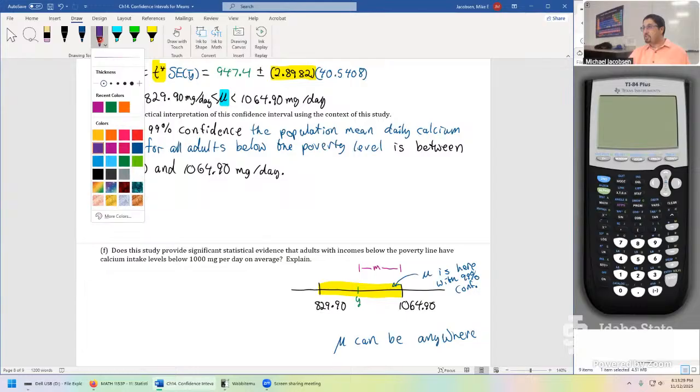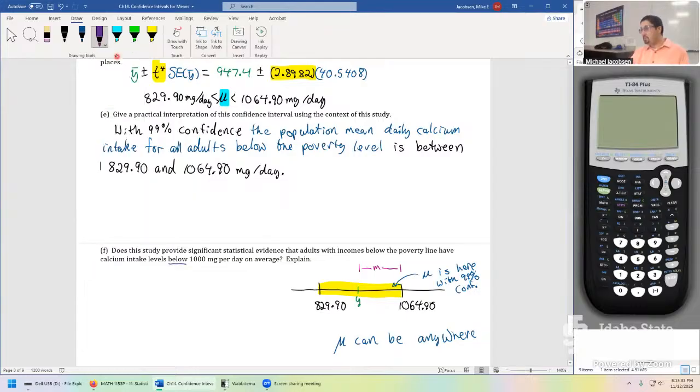But the actual value that's been targeted in this question, below 1,000 milligrams per day on average, is a value inside this interval. Here is the 1,000 milligrams per day. Since it's inside our interval, and mu can be anywhere inside here with 99% confidence, it could in fact be in that region.